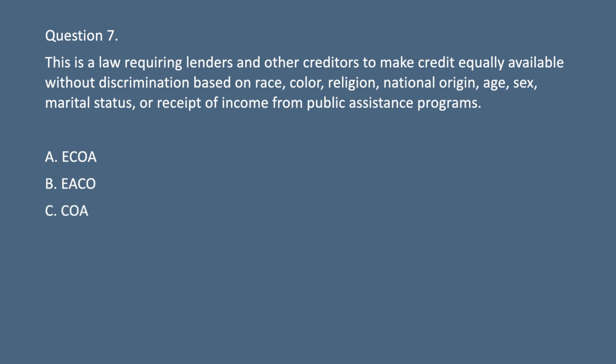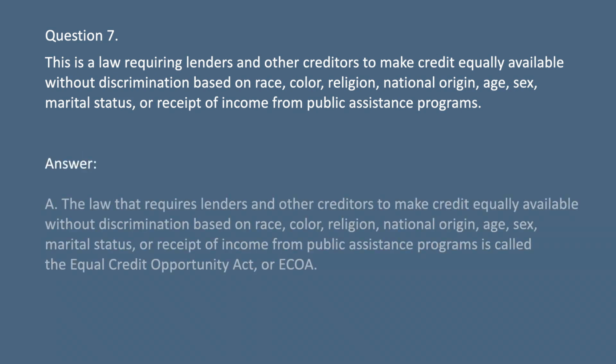C. COA. D. None of these. Answer. A. The law that requires lenders and other creditors to make credit equally available without discrimination based on race, color, religion, national origin, age, sex, marital status, or receipt of income from public assistance programs is called the Equal Credit Opportunity Act, or ECO.